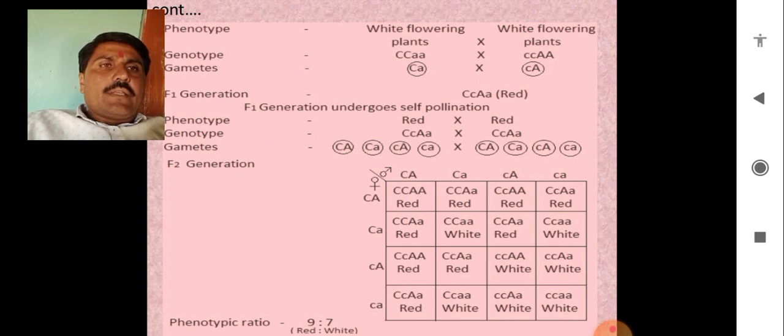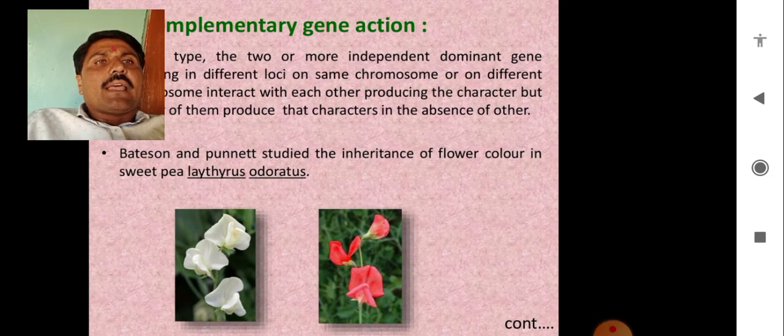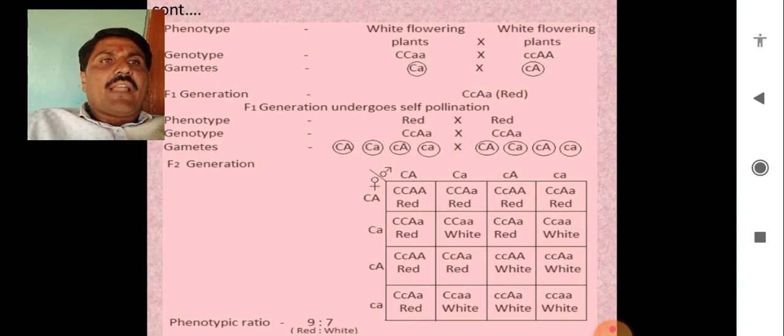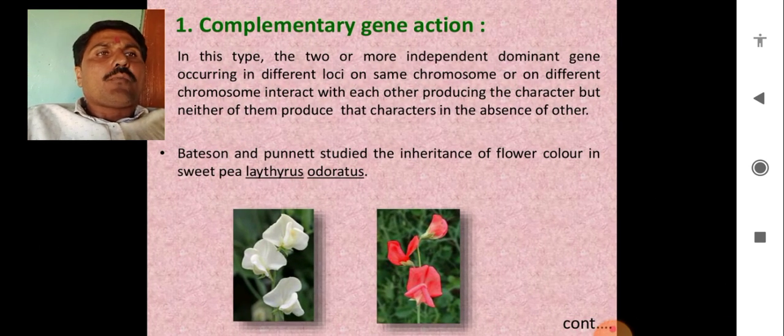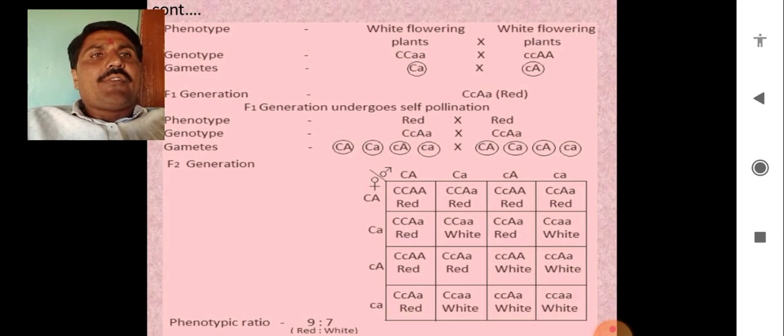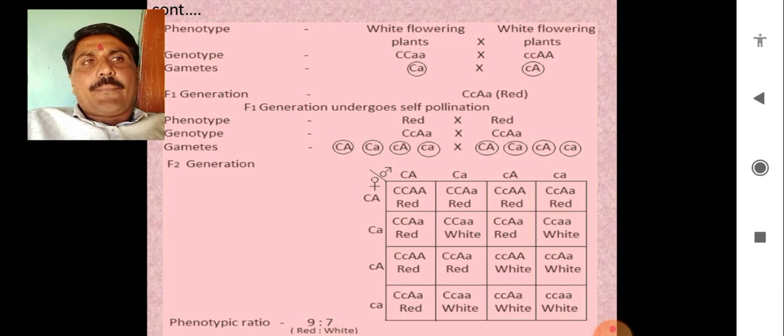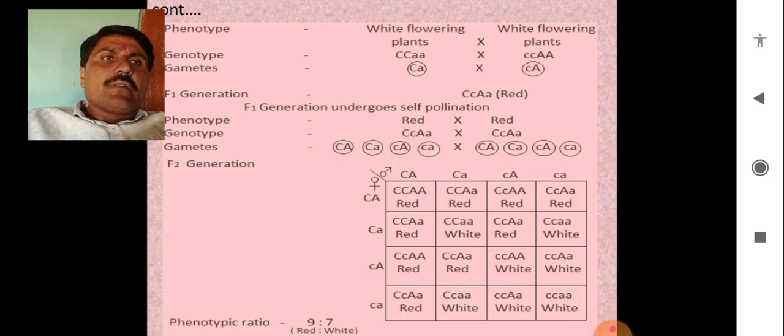Here you can see the complementary gene action, with white flowering plants as the parents. Now look at the genes. There are two independent dominant genes. Here we find capital C, small a, a in case of the female one, and small c, capital A for the other.